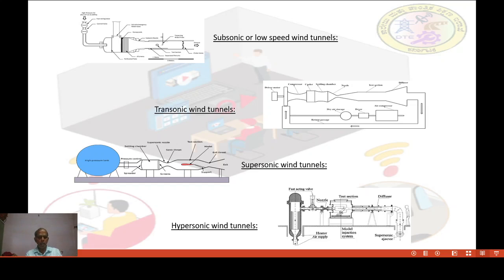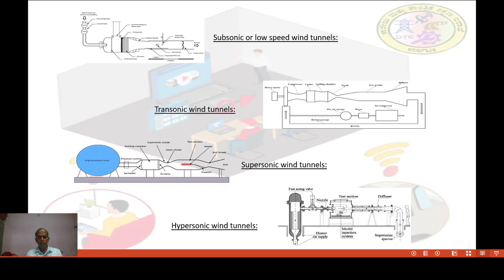Its working I'll explain here. The maximum flow speed in this type of wind tunnel that can be supplied to the instrument is 135 meters per second. It is less than the speed of sound. That's why it is called a subsonic wind tunnel.